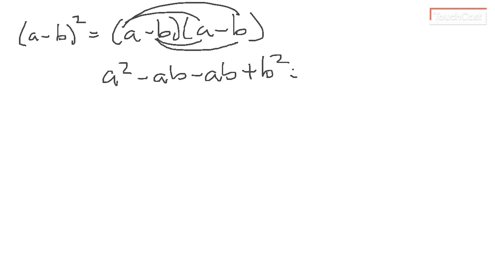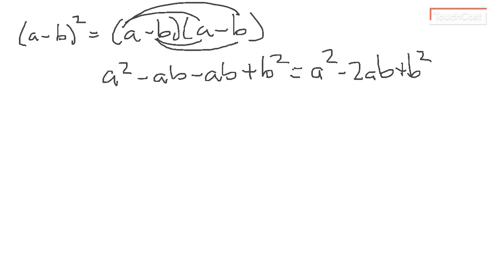And we can combine those middle terms to get a squared minus 2ab plus b squared. So the only difference between the perfect square trinomial that we looked at before and this one was the plus sign and the minus sign.